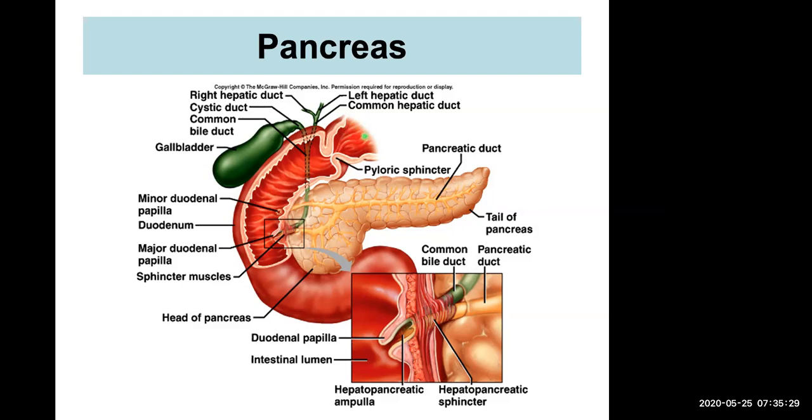This is the pylorus of the stomach. It's going to pass through that sphincter and end up in the duodenum. In the next video, we'll talk about the involvement of bile, which sits up here in the gallbladder, and the pancreas, and what it does to help with chemical digestion.